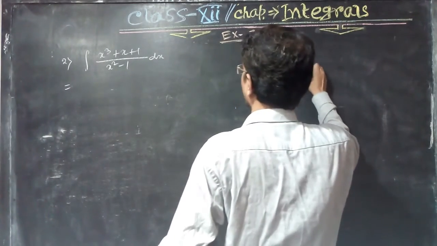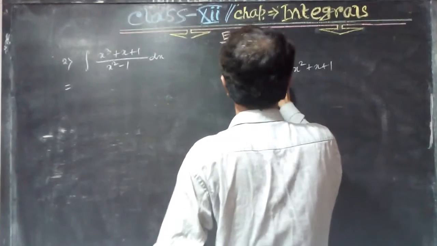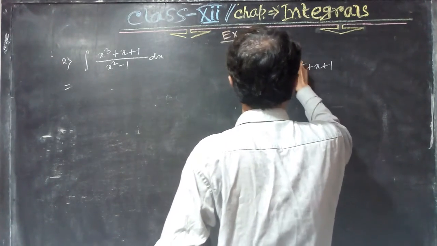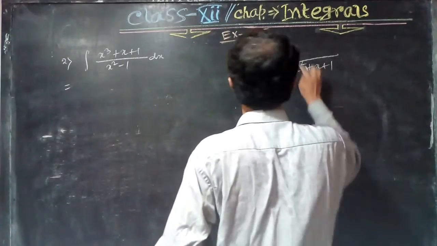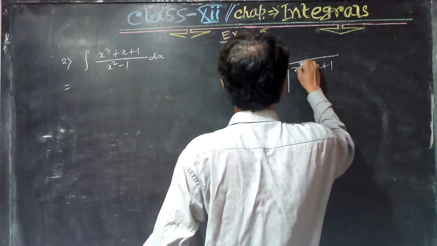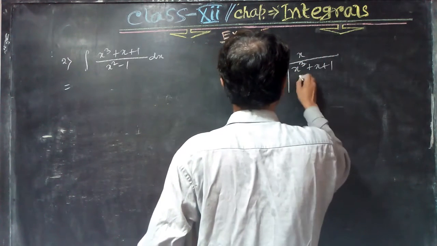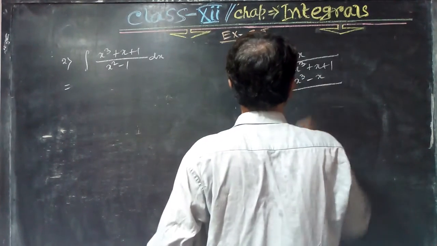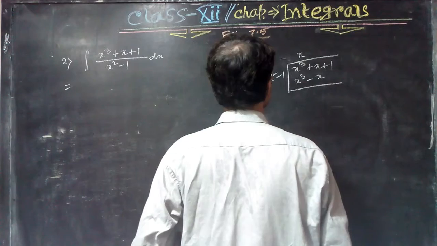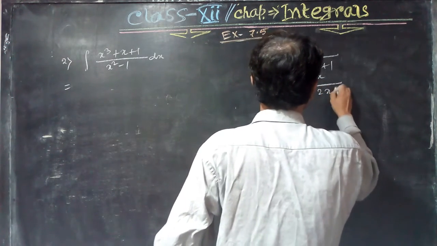I divide the numerator by the denominator x square minus 1. Sorry, it is x cube. So x multiply x square minus 1 gives x cube minus x. X cube minus x cancel, 2x plus 1.